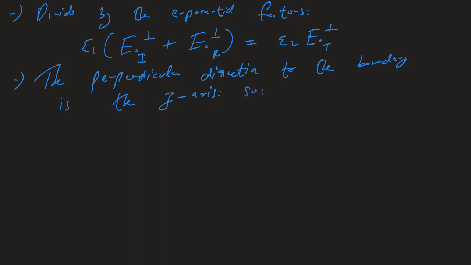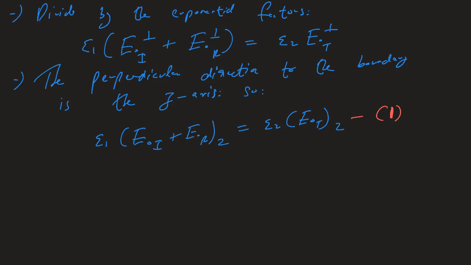So in actuality what we have is epsilon1 times E naught incident plus E naught reflected z component is equal to epsilon2 times E naught transmitted z component, right? Because the perpendicular is just the z component. So our first boundary condition actually gives us this, which we will call equation 1. Okay, I'll just write it numerically, 1.